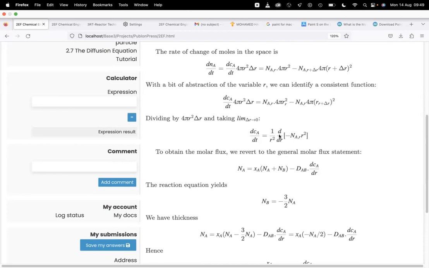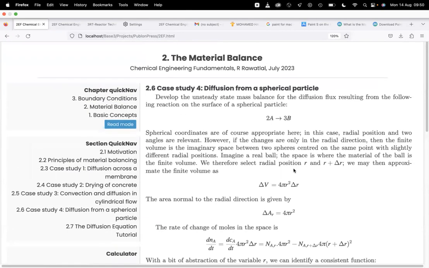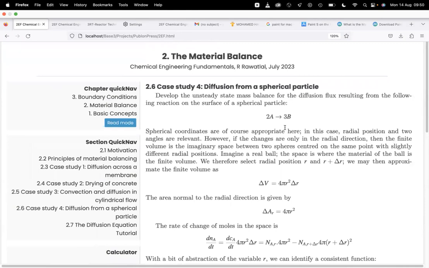We don't like an equation like this with 2 unknown variables, right? CA is the dependent variable. NA is also a dependent variable, but we can re-express it in terms of CA using our statement for molar flux. So for our molar flux, that's the general form that we have, this time just in the R direction. And if we look at the surface, we can see that 2 moles of A come in and 3 moles of B go out.